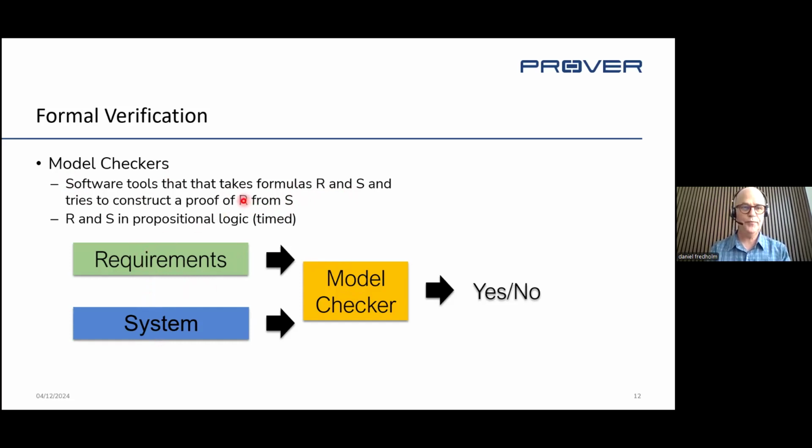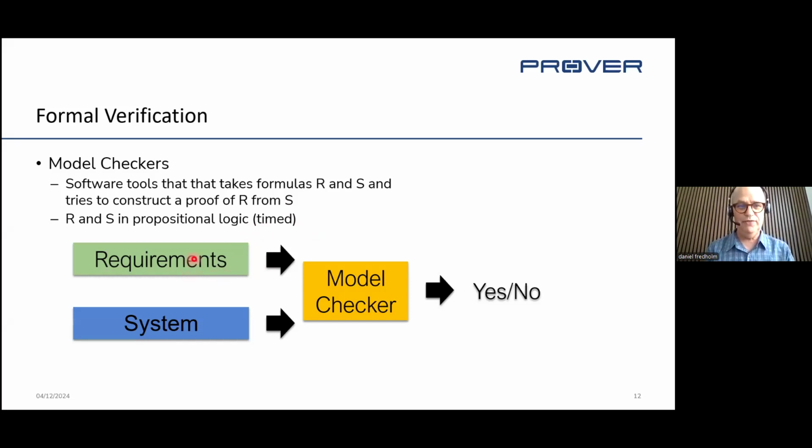And now comes an important restriction: these formulas are not arbitrary. They need to be formulated in propositional logic. It can be timed propositional logic, that's fine, but it cannot be a more powerful logic than that. And this will have implications, as we will see further on.